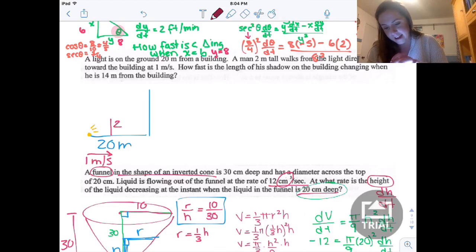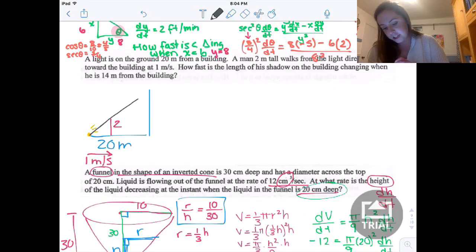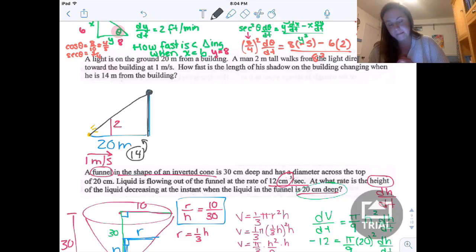I know I'm going a little color crazy here, but his shadow goes to here, right? So this is what I want to know: how fast that length is changing when he is 14 meters from the building. Again, that's not always the same. So that's 14 at a particular time.